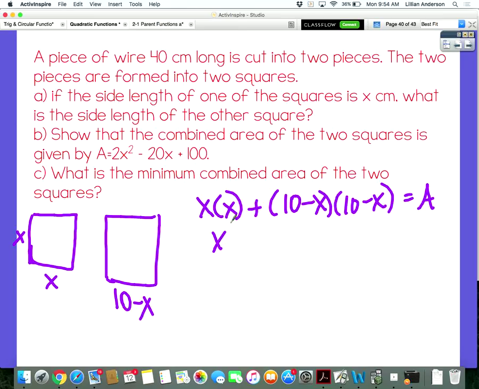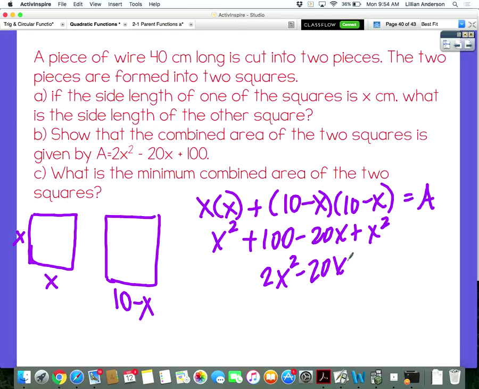Then you would FOIL: this is x squared, and this is 100 minus 20x plus x squared. You combine like terms and you get 2x squared minus 20x plus 100. But in order to start this off, you needed to know that the side length was 10 minus x.